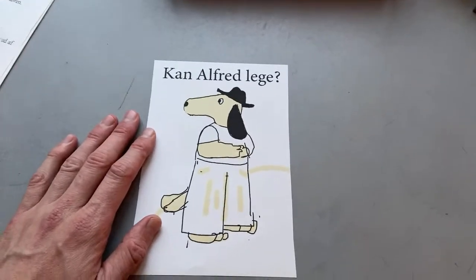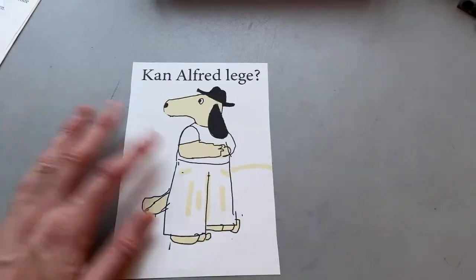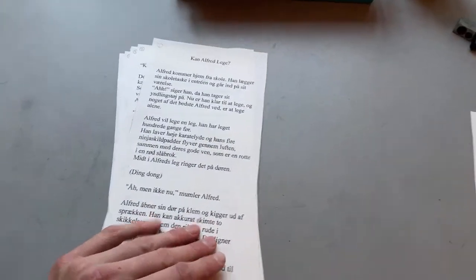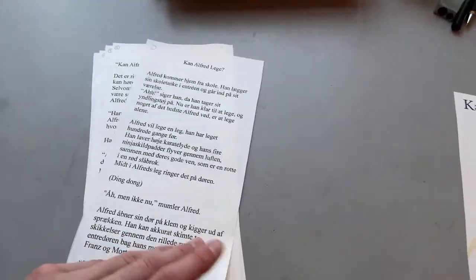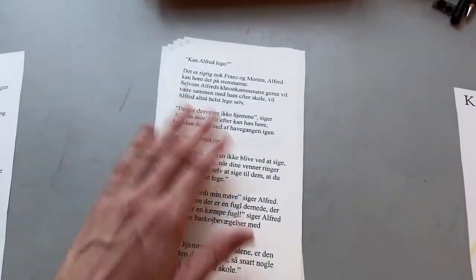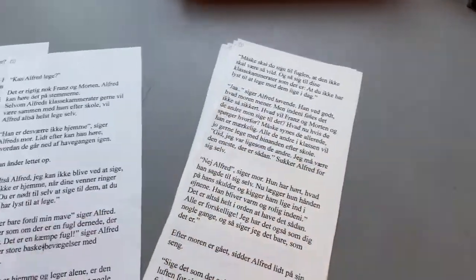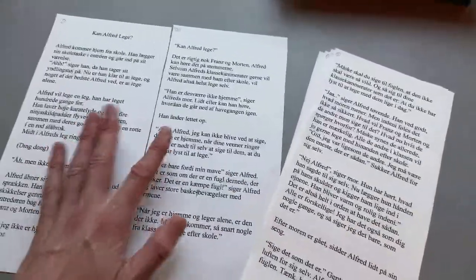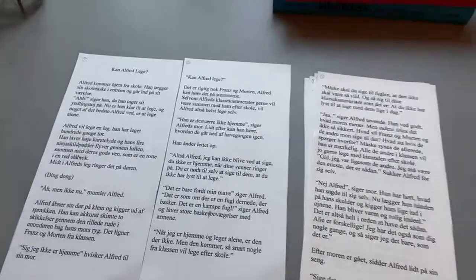So, as you know, I have also been writing the story, and I have it here. I've printed it out, and then I've actually cut it out in segments, in pages, to be able to get an overview of the story, get an overview of the things I want to illustrate.